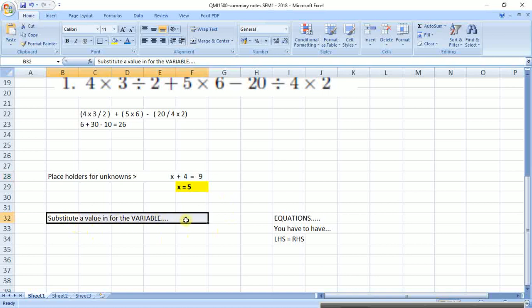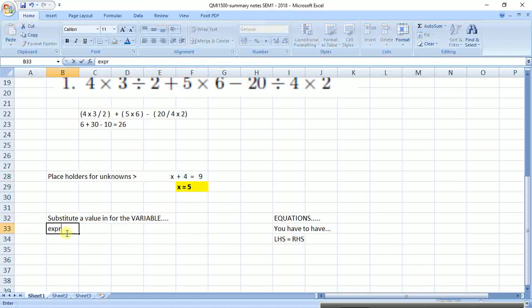Substituting values into variables applies when you only have expressions. An expression would be something like x plus 3. That's an expression because there's no equation. The left-hand side doesn't equal anything. x plus 3 is just an expression. So I can make x 1, I can make x 2, I can make x 3, whatever.